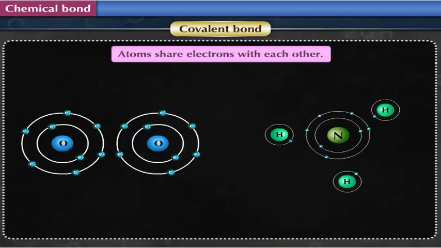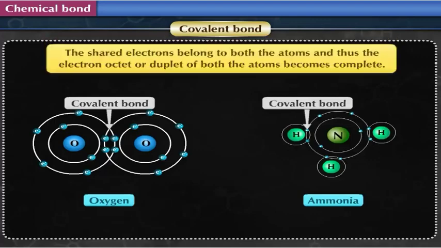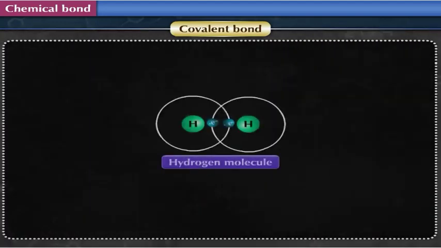Instead, these atoms share electrons with each other. The shared electrons belong to both the atoms and thus the electron octet or duplet of both the atoms becomes complete. Let us first consider the example of hydrogen molecule, that is H2.